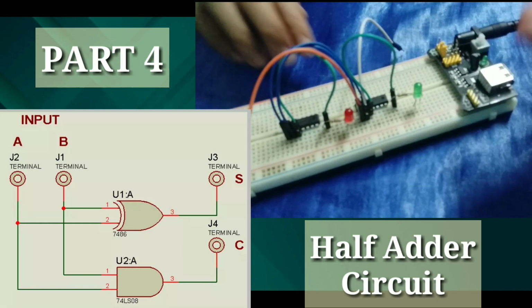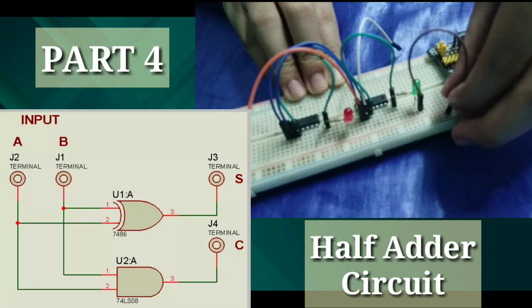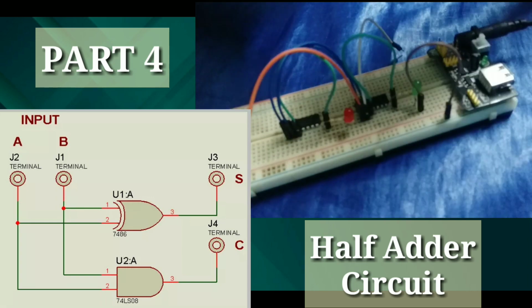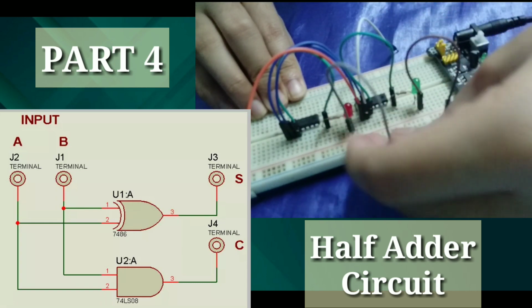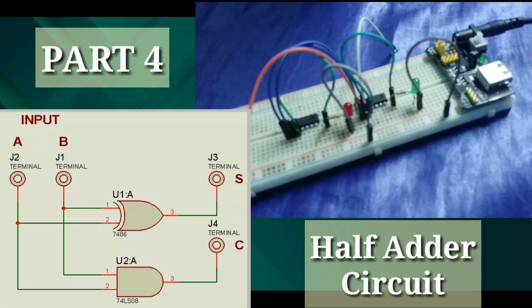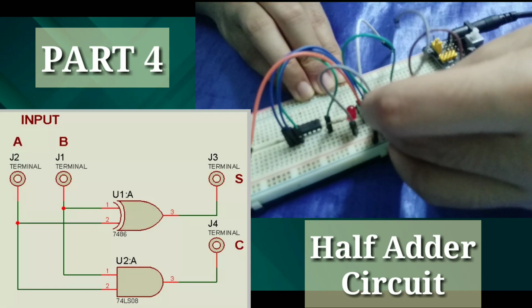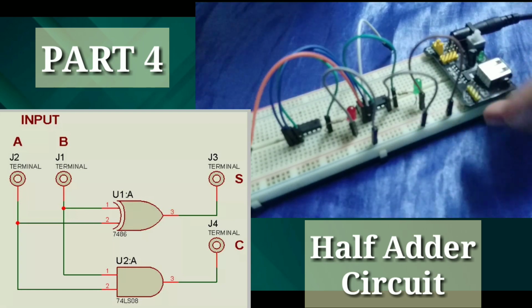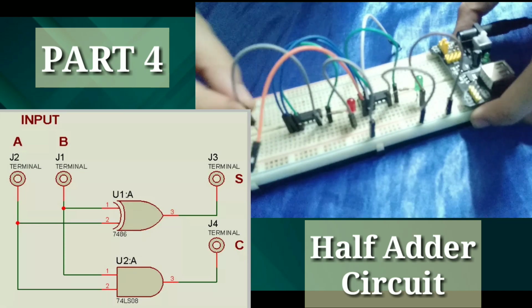And now, let's have our proper grounding. Don't forget to ground both of your outputs, the output S and the output C, by grounding your LED. And of course, do not forget to ground your VCC, to ground your integrated circuits, both the 7408 IC and the 7486 IC as well.